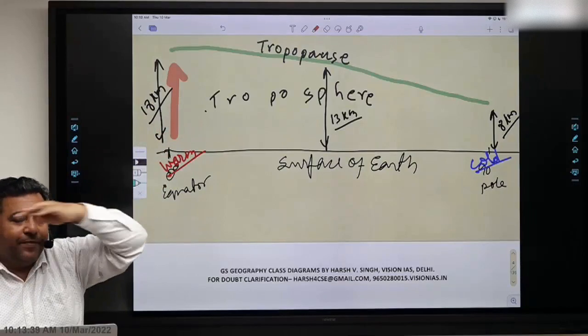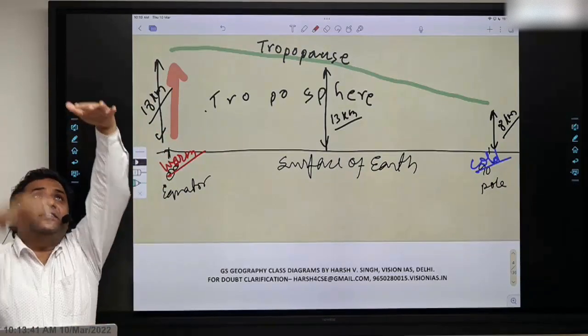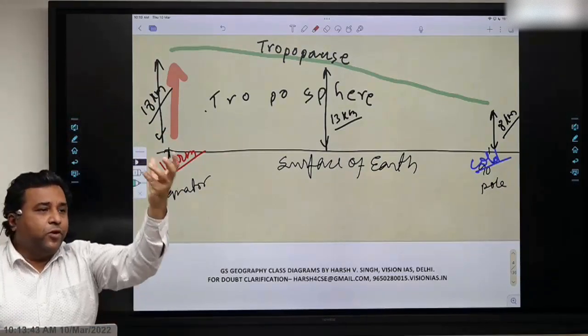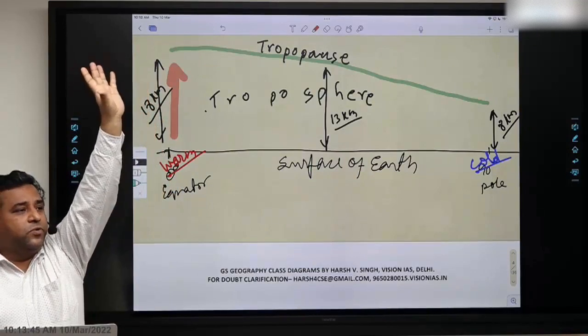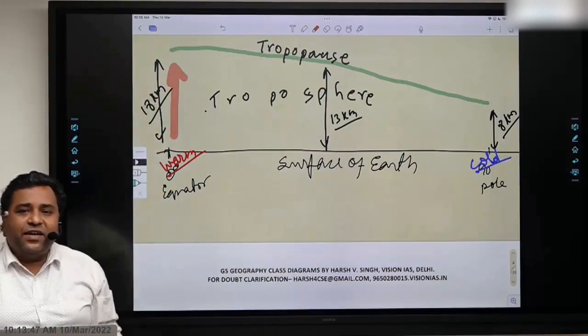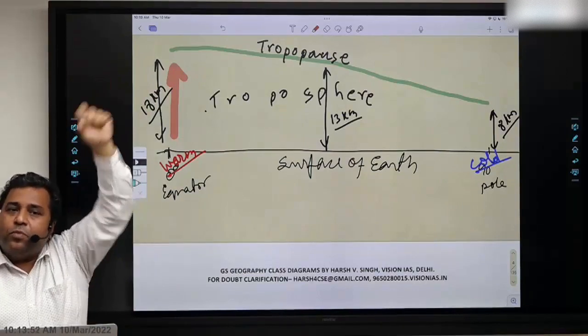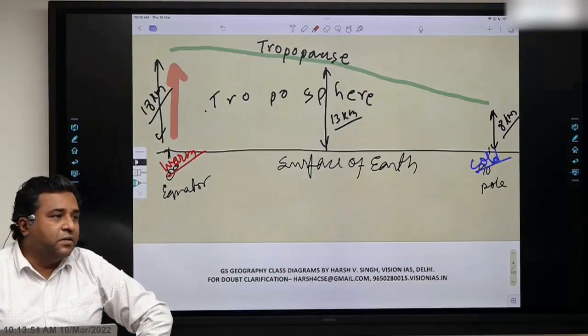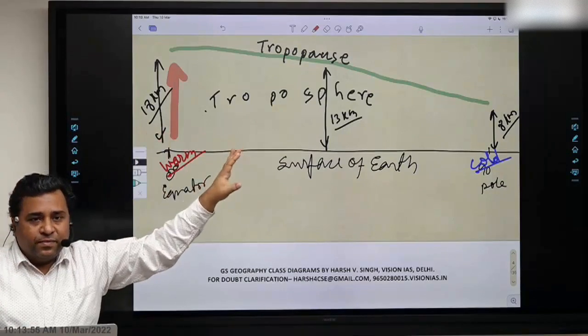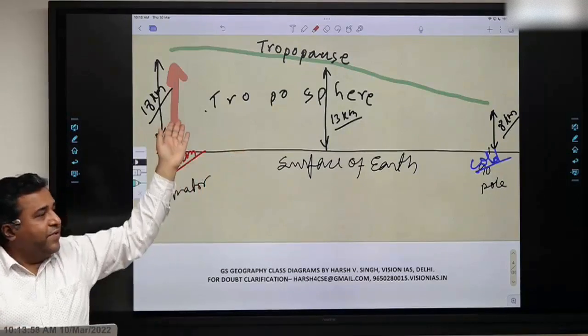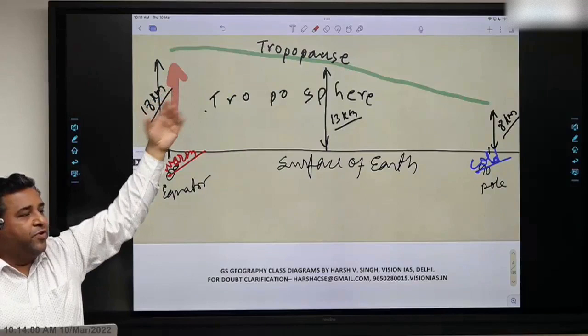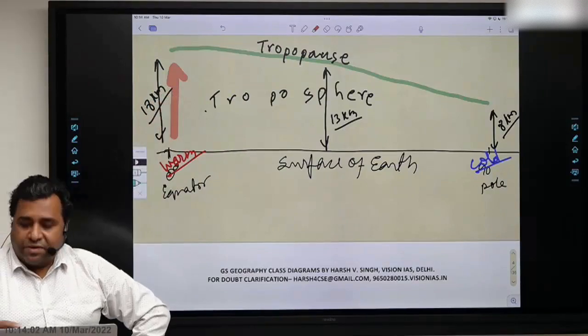Now when it is stabilizing, let us say something rising and it stabilizes here. Let me say I leave a balloon and it rises and it goes up to this region and then it stabilizes. And let us say I go on leaving many more balloons behind it. What will happen to that top balloon that has gone first? It will go on the side. Yes or no? So in the same way this air which is stabilizing on the top will also try to go sideways.